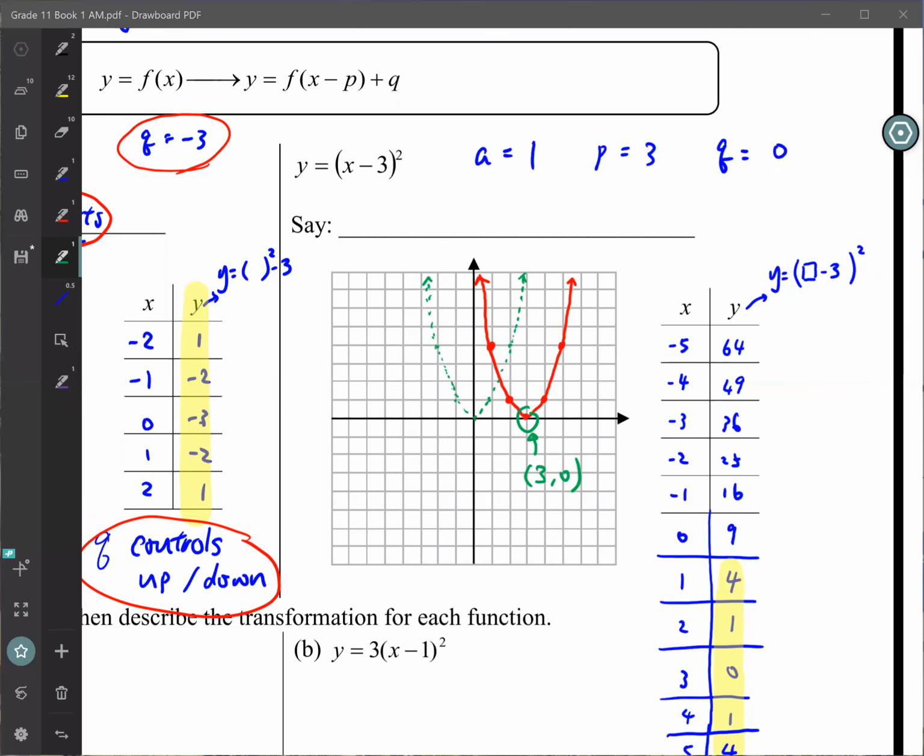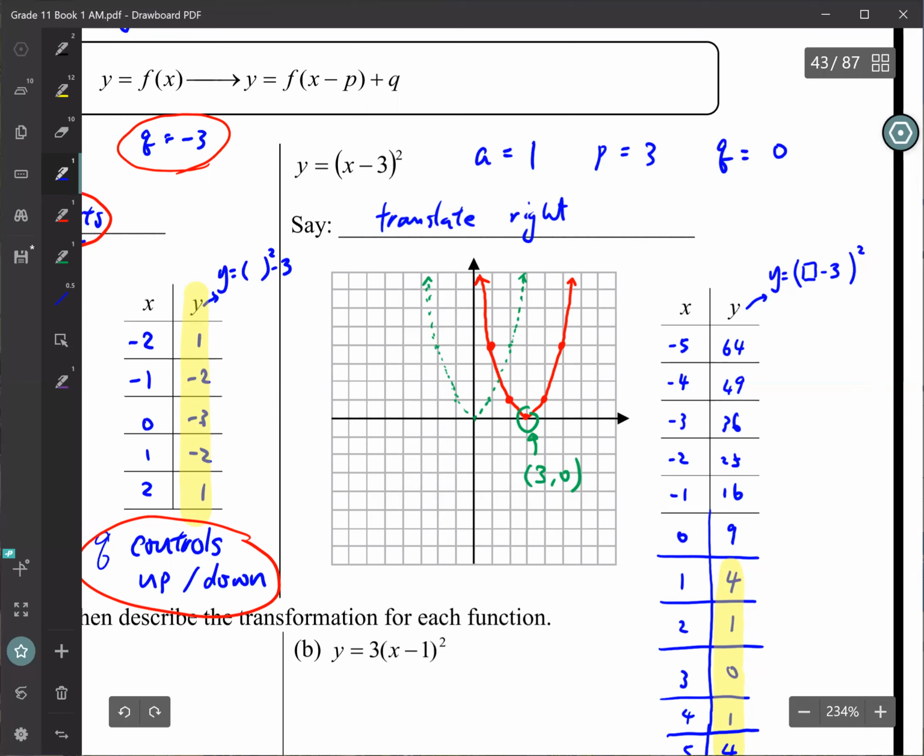So we can just say it is translated right 3 units. So this one is being controlled by P. P is 3, positive.